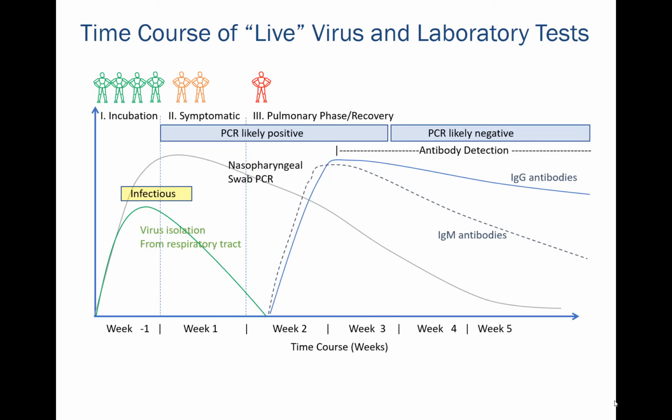So patients can be PCR positive, i.e. they have RNA, but they do not have active replicating virus. This is an important concept to understand. The PCR means that you have been exposed to the virus. It does not mean the virus is actively replicating.